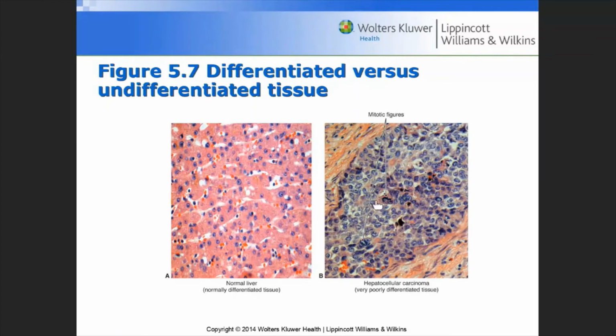It's hard to define what these cells are, so they're undifferentiated. What we do know is that there are cells under mitosis, a lot of mitotic cells, which means they're fast growing. And this is really hard to treat.